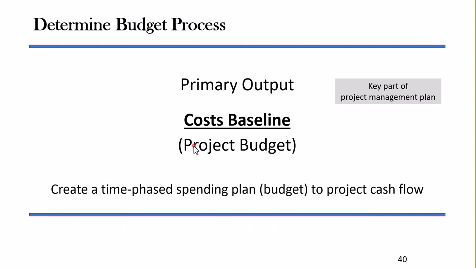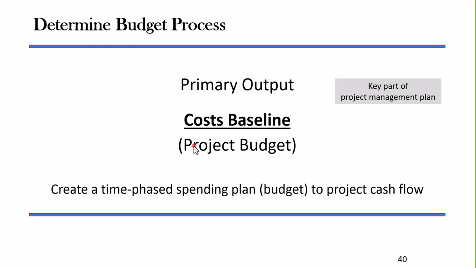Determine budget process. Think about it this way. I have my charter. I have my project management plan. I have my scope. I have my schedule. I have my cost estimates.